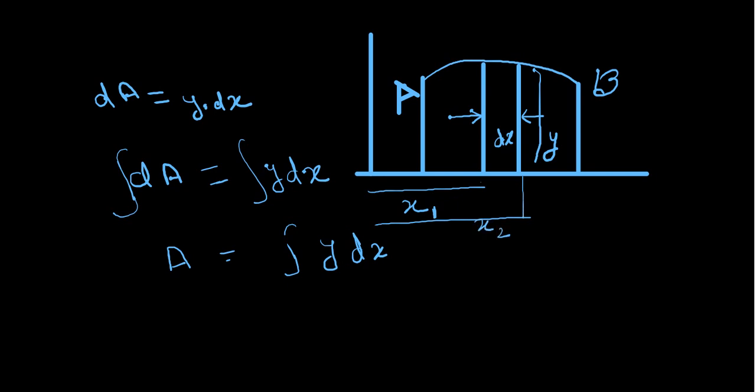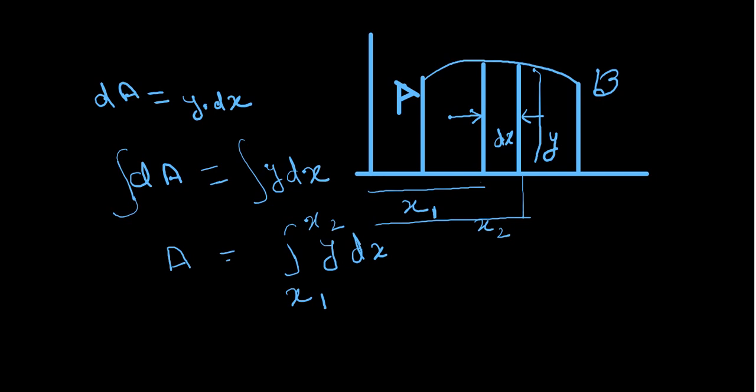This will form the basis of the upper limit and lower limit. So here we put the lower limit as x1, because the smaller part is at an x1 distance, and the bigger part is at an x2 distance. If we integrate, this will form the basis of area under the curve.